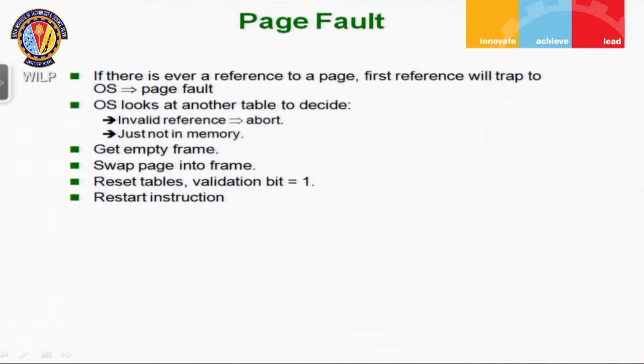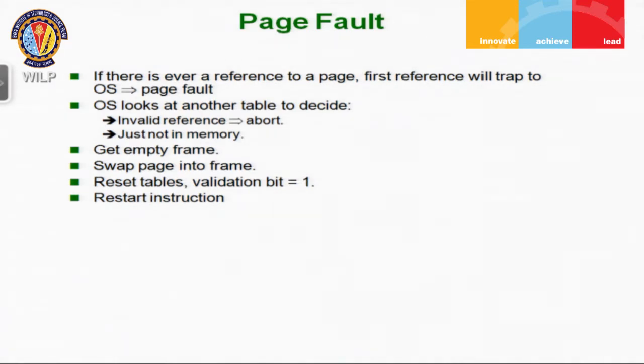So this is how we have seen what a page fault is. But let us assume that we have created a page table and a process is just beginning. In the beginning none of the pages are brought into the memory. So whenever there is a reference to a page, the first reference is always going to cause a page fault.